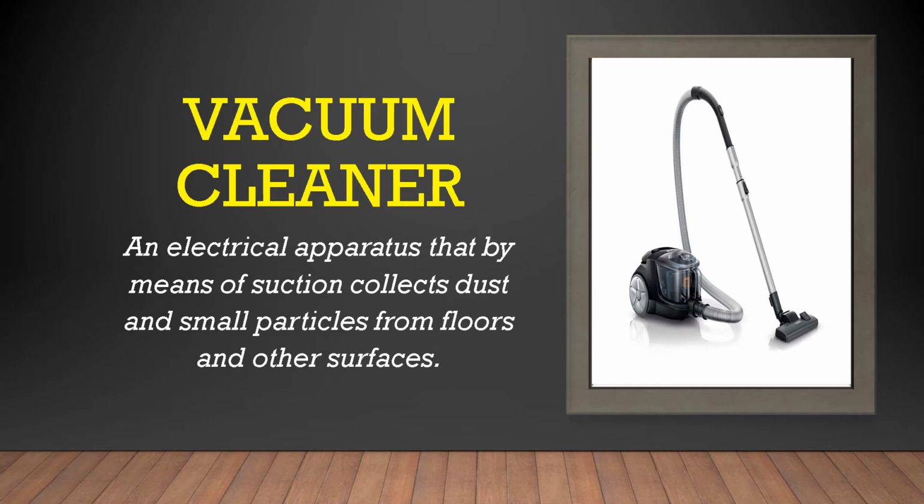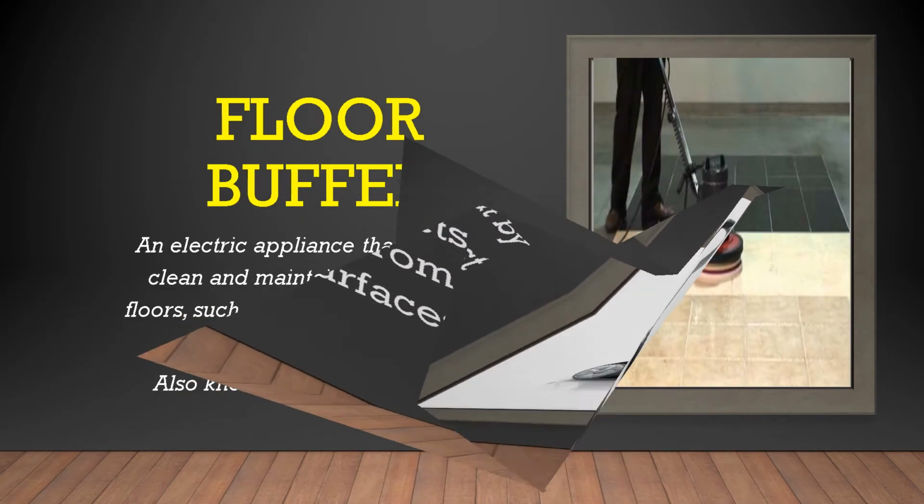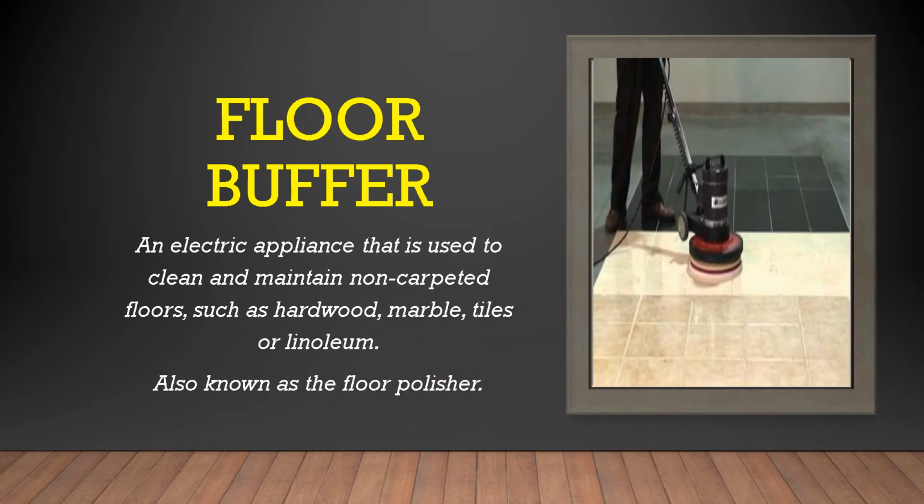Next is the floor buffer, an electric appliance, so it is an equipment that is used to clean and maintain non-carpeted floors such as hardwood, marble, tiles, or linoleum, also known as the floor polisher.